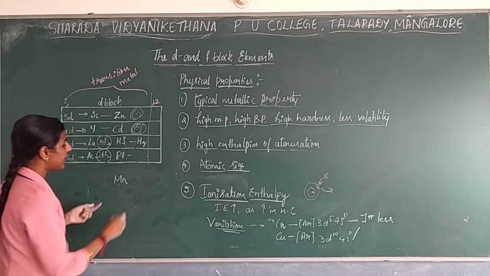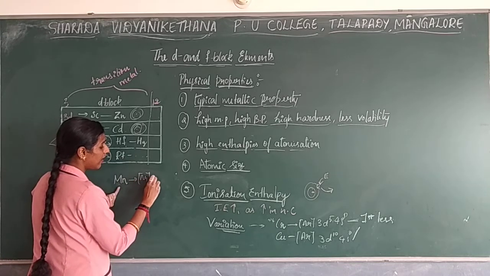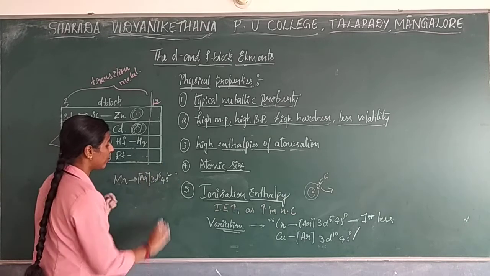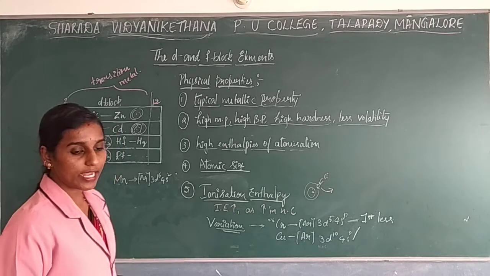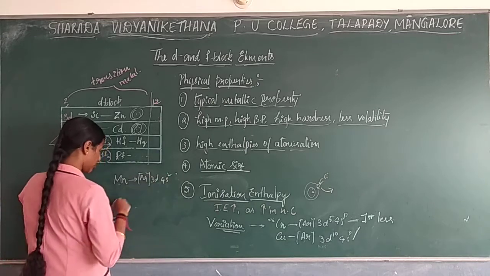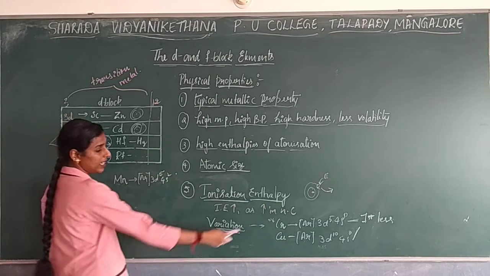So manganese, in the sense of electronic configuration, goes as argon 3d5 4s2. Electron filling will take place after argon, that is 3d filling of the electron, 3d5 4s2, so it is one extra.